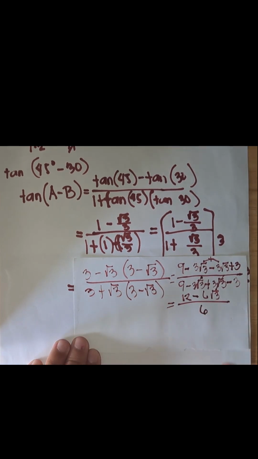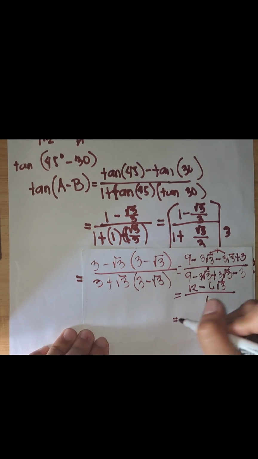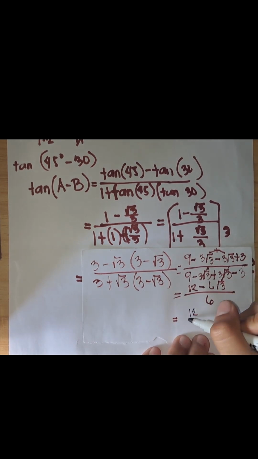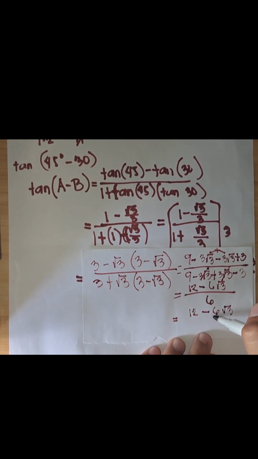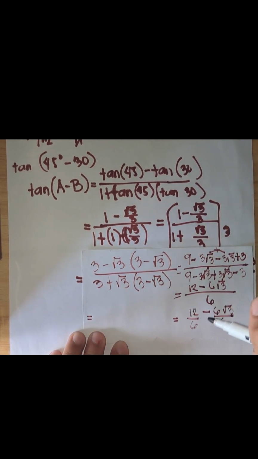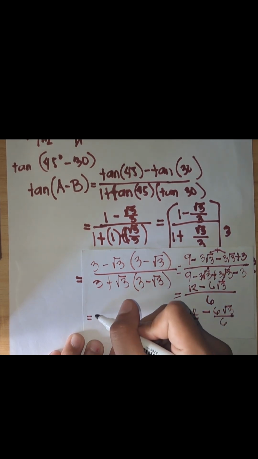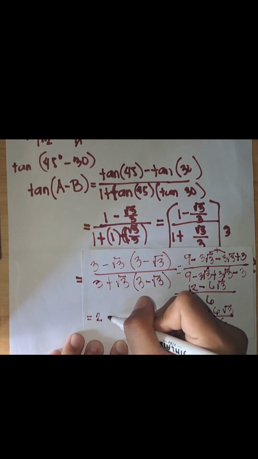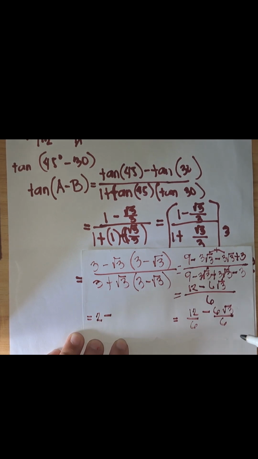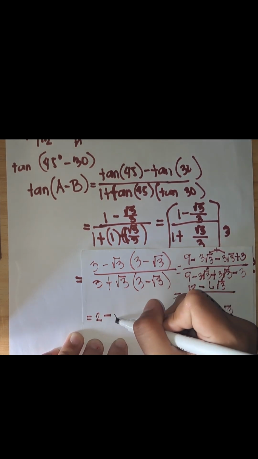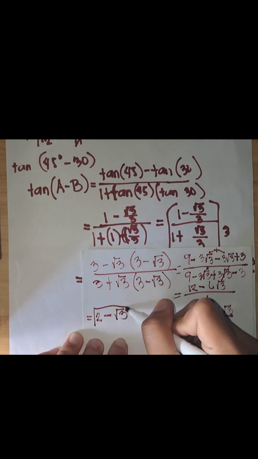To write it in simplest form, we have 12 minus 6 root 3 over 6, so we make it into 2 terms and divide by 6. 12 divided by 6 is 2, minus 6 divided by 6 is 1, so we have 1. In the simplest way, we just copy the root 3. So this would be our final answer.